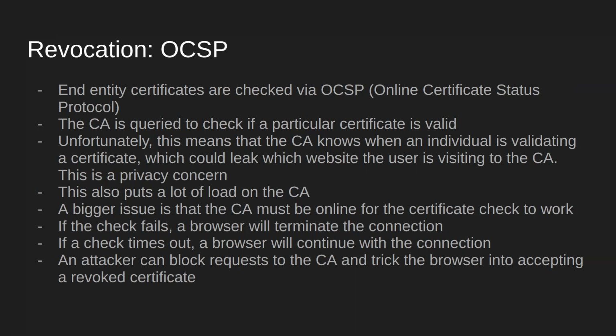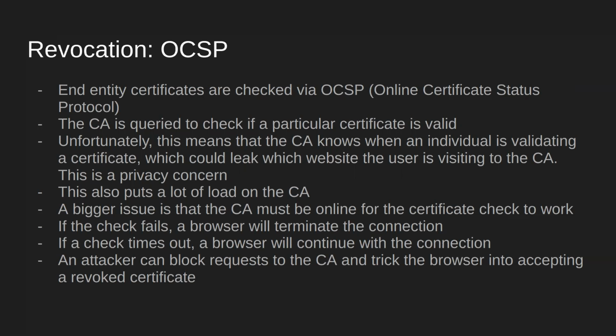So when it comes to websites, you'd be telling the CA what website you're visiting. It also puts a lot of load on the CA. If the CA issues like 10 certificates, and each of those 10 certificate users have like 1,000 people visiting their site, then you have like 10,000 requests to validate certificates.